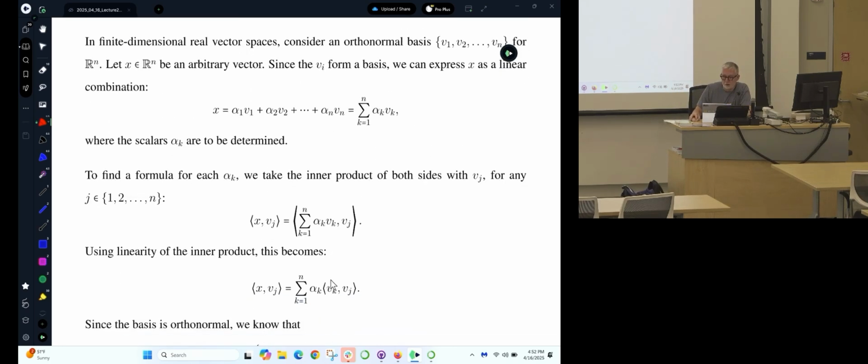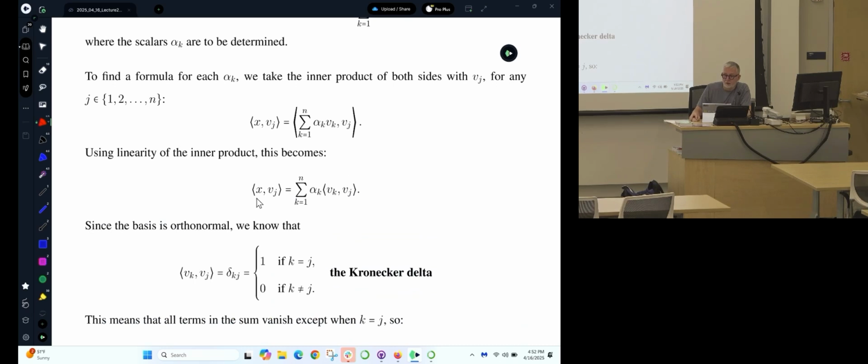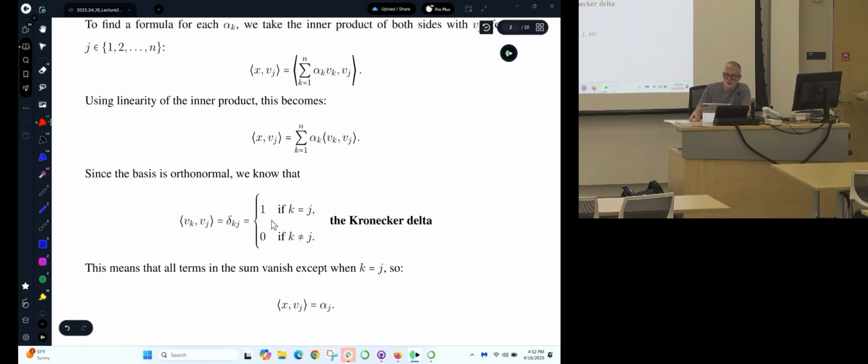Okay, so you do that, and because the dot product is linear, the inner product is linear on either side, we bring out the coefficient, and if these guys are orthonormal, their individual inner products are either equal to 1 when k and j are equal or 0 otherwise. So that's orthonormal.